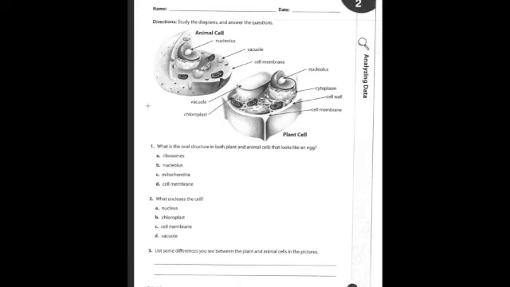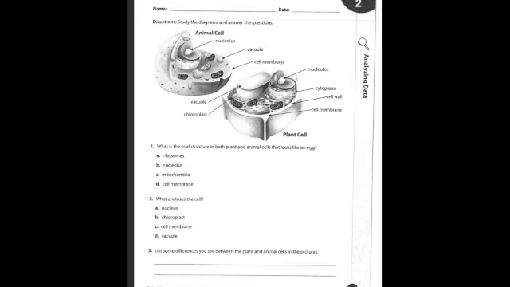Okay guys, here's a picture of the animal cell and the plant cell and the different labels here. We're going to study the diagrams and answer the questions below. Animal cell. This arrow is pointing to the nucleolus. This one is pointing to the vacuole, cell membrane.